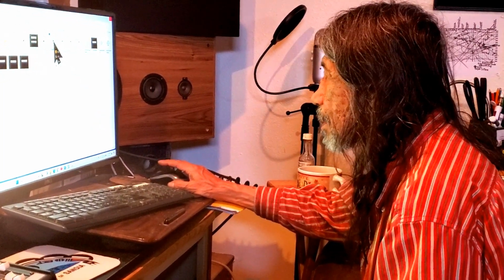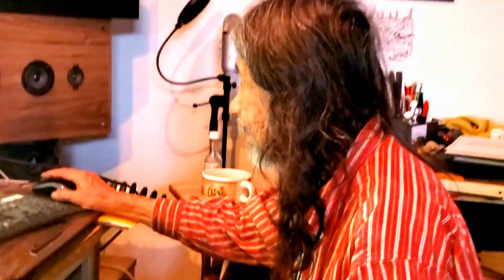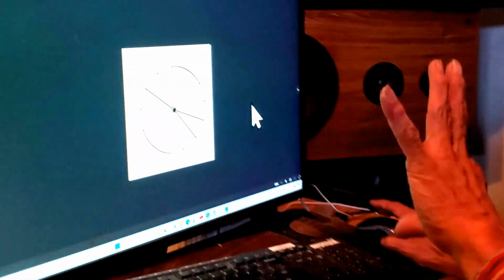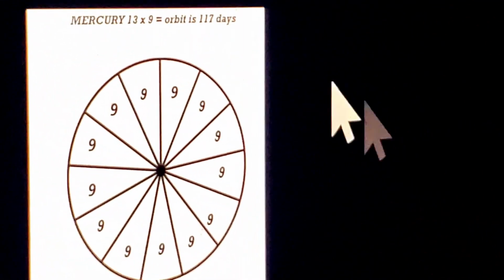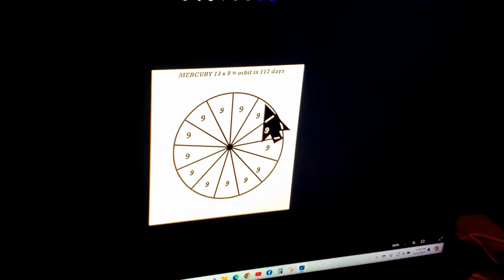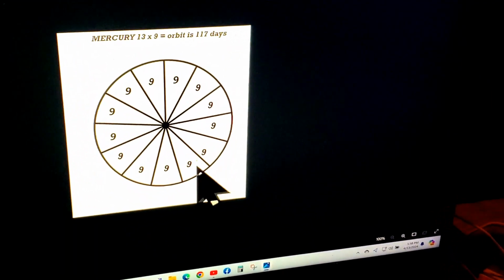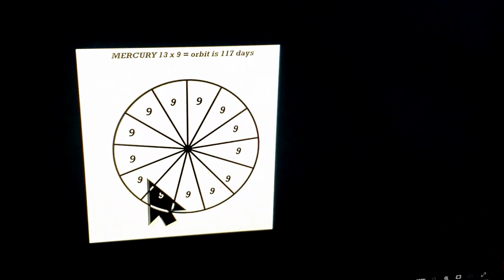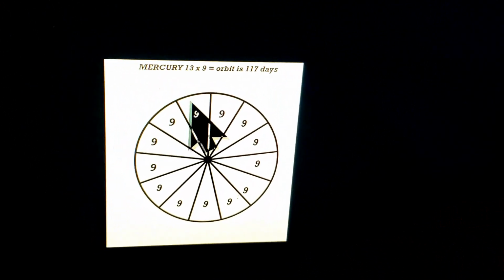You look at my planetary pie, or even pizza, my planetary pizza. Each slice is equal, and there are 13 of them: 1, 2, 3, 4, 5, 6, 7, 8, 9, 10, 11, 12, 13.